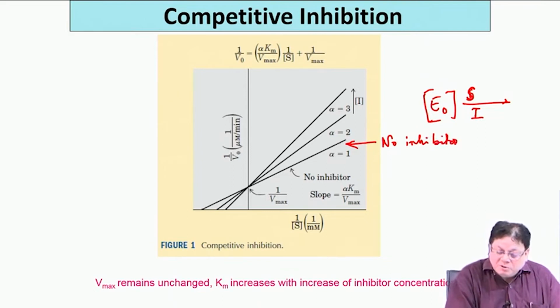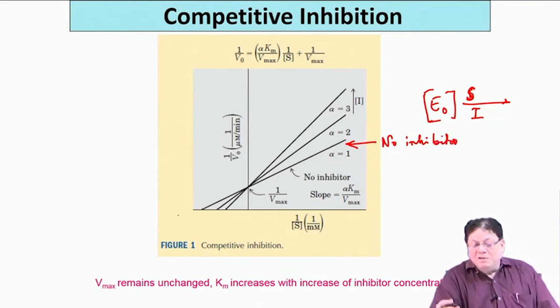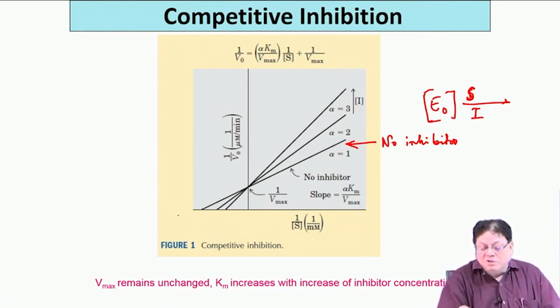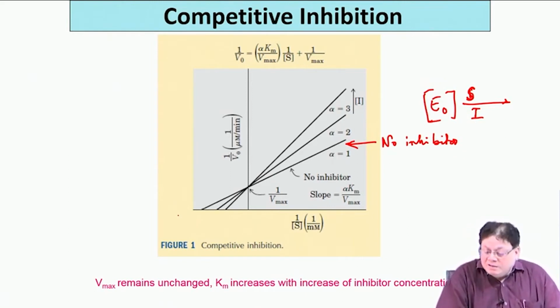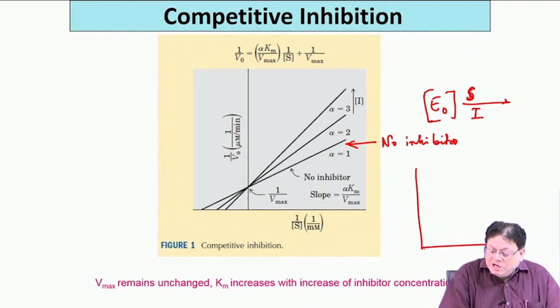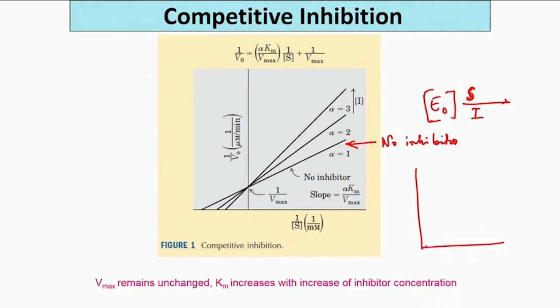And in this case, suppose this is the line. Now, as you increase the substrate concentration, initially your maximum velocity was much less than Vmax, because you have inhibitor present. But when you have a large amount of substrate, ultimately you will get a line very similar to the line when there was no inhibitor.